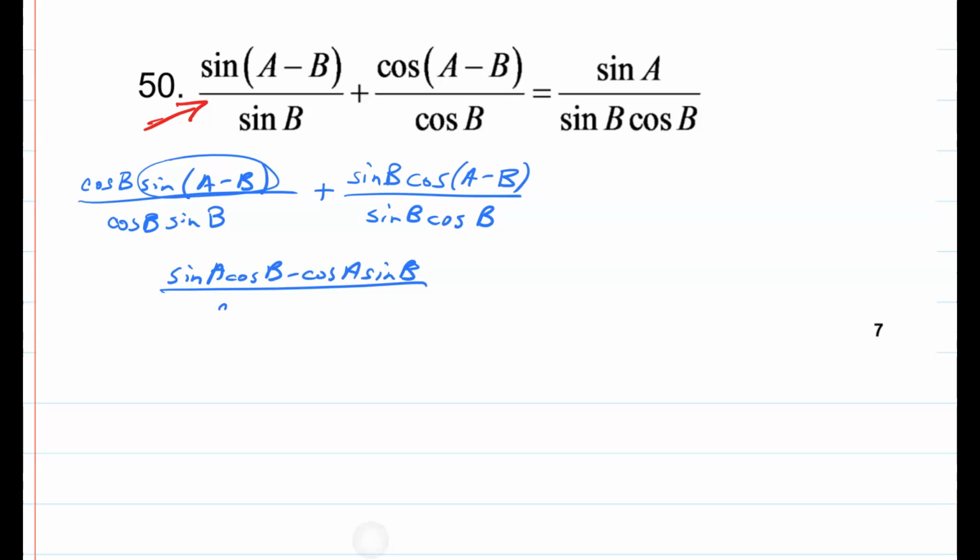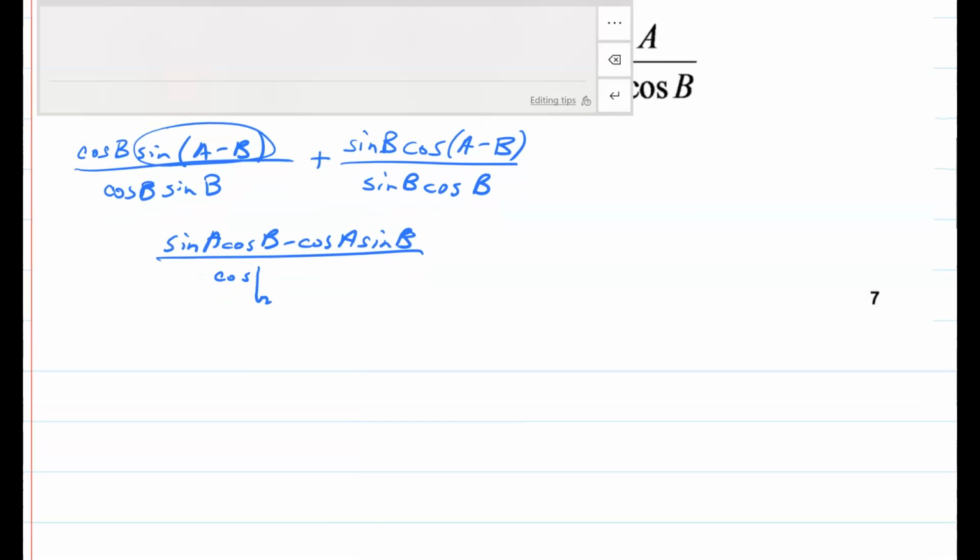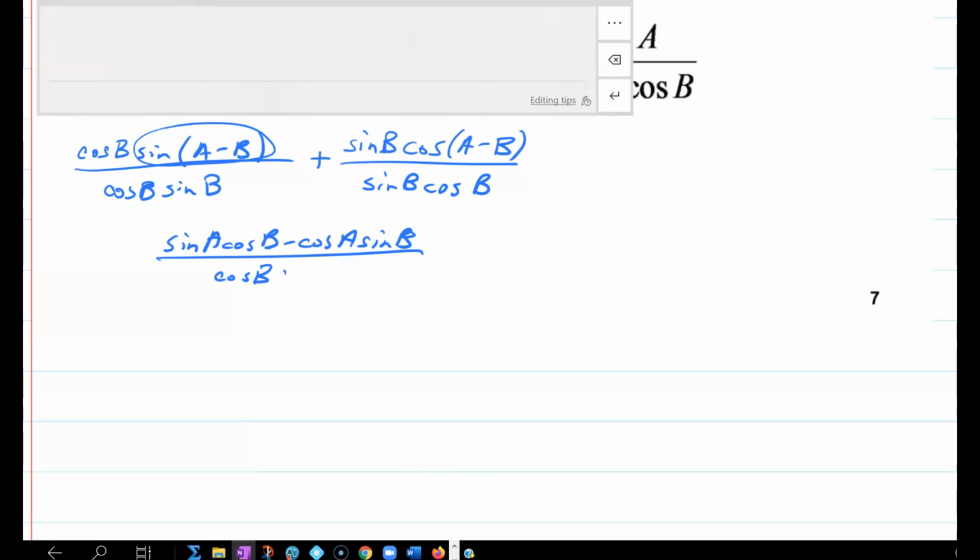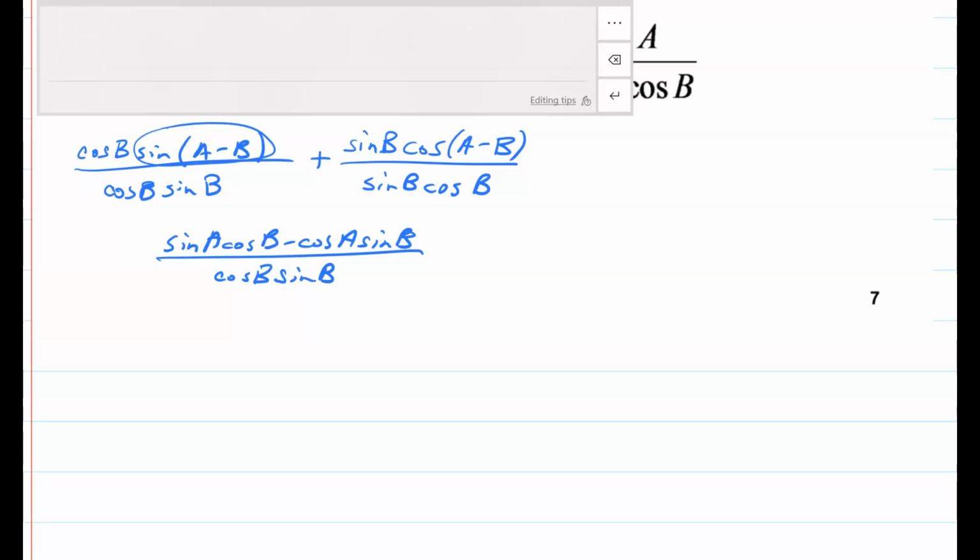And the common denominator here is cosine of b sine of b. And we also have in front the cosine of b right here, so we'll put that back in. Probably should have written that first. Over here we're going to have the sine of b, denominator sine of b, cosine of b.